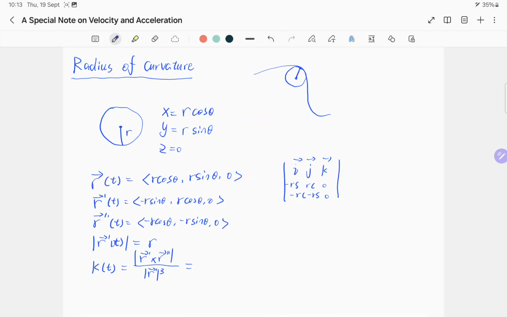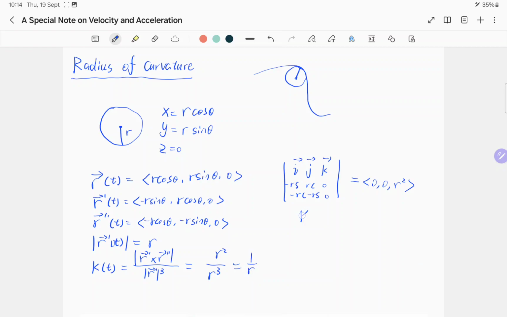After computing that, you will find it is equal to 0, 0, r squared. So the magnitude of that is r squared, divided by r to the power of 3. So it is equal to 1 over r.